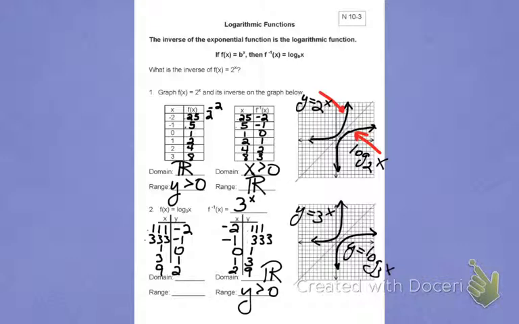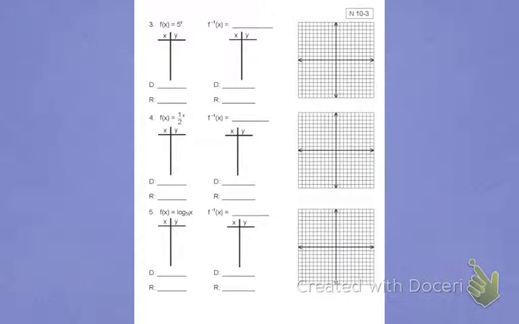And the domain of the log function is x greater than 0, and the range is all real. Alright, let's look at our next page. More graphs.